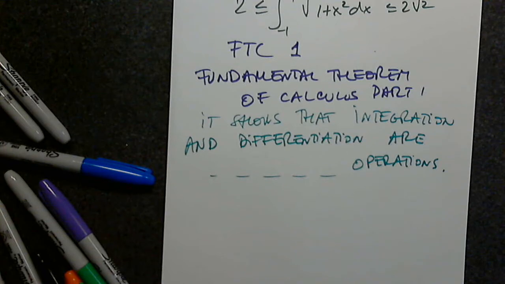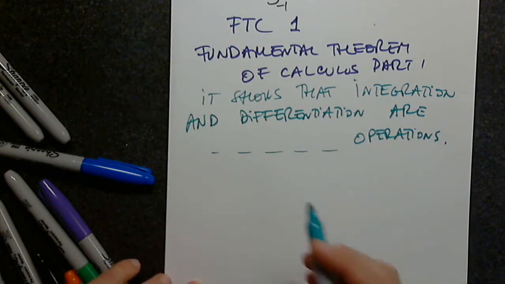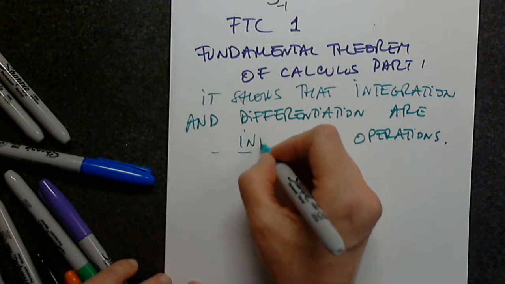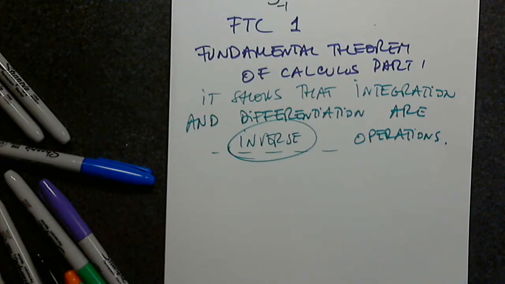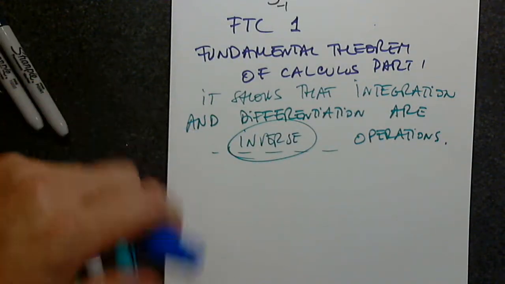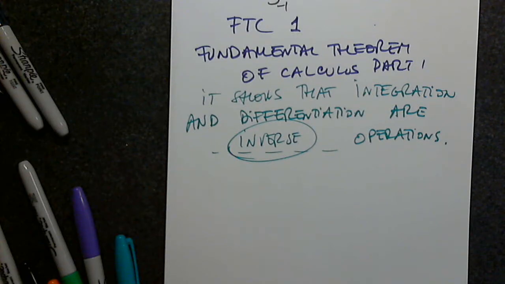So, fundamental theorem of calculus part 2 shows us how to evaluate the definite integral. But part 1 shows us that differentiation and integration cancel each other out. So they are inverse operations. Indeed, they are inverses. Like natural log and exponential. Like the square root and x squared.